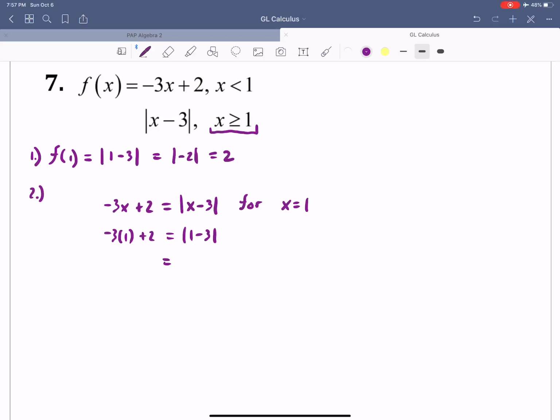Well, we already did the work to see that the right side equals 2. And we can see pretty clearly that the left side is going to equal negative 1. Because those are not equal, we don't pass steps 2 and 3 of the 3-part continuity test. So we would say that this is discontinuous.